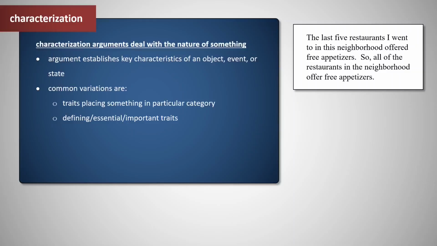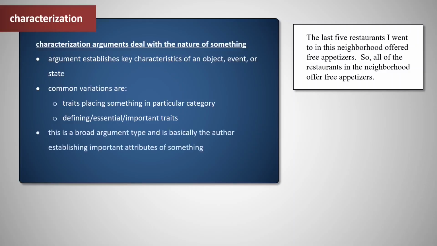So all of the restaurants in the neighborhood offer free appetizers. Now you notice here the conclusion is once again giving us an important characteristic or attribute of the restaurants in the neighborhood, that they all offer free appetizers. And it does it in this case by actually making a generalization. But since the conclusion is about characterizing the restaurants in the neighborhood in a particular way, this is another example of that.